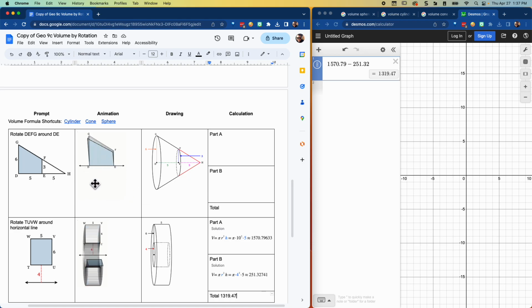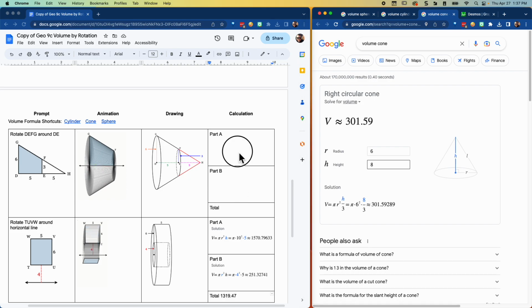Okay, how do I make this weird looking shape? This truncated cone or chopped off cone is a combination of 2 cones. It's kind of like the whole cone minus this white empty space cone. So we're going to be doing the volume of a cone, but a couple of times.